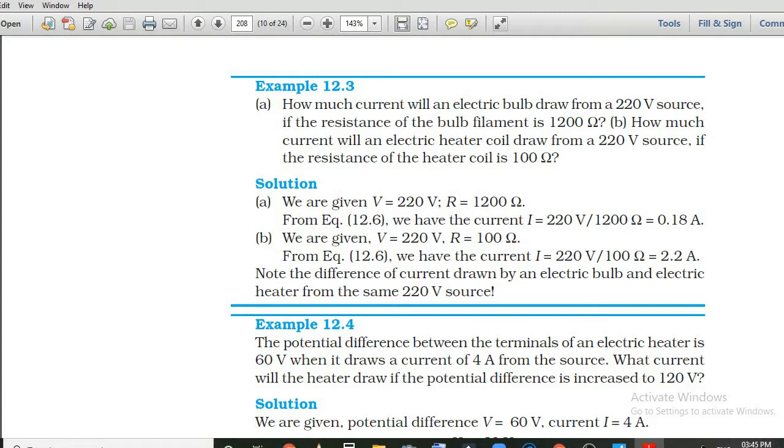If you are connecting various instruments, some will get more current if the resistance is less, even though we connect with the same voltage. That is the difference. Now we shall discuss the next question, that is example 12.4.